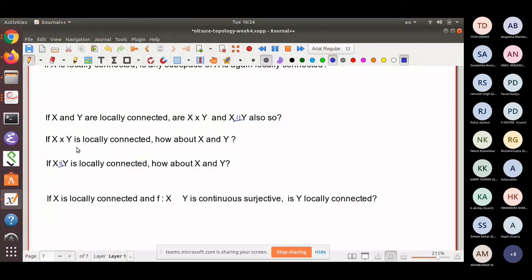You should know now how to ask all these basic questions yourself. Given every property you want to check: is this property inherited by subspaces? Is it inherited by quotients? Is it inherited by products? Is it inherited by disjoint unions? And what are the questions you know about what happens to the property with respect to those? You have to play with those properties and play with examples and counterexamples.